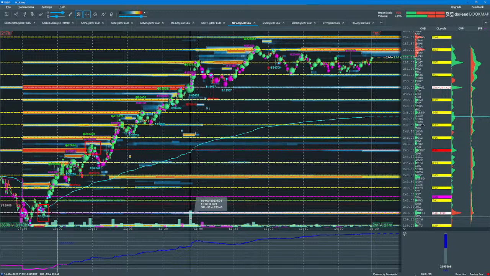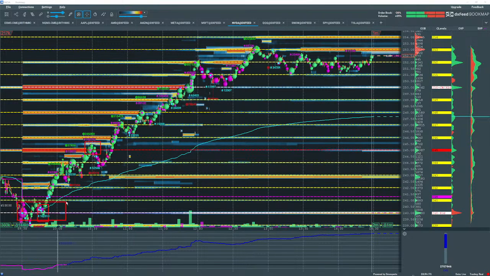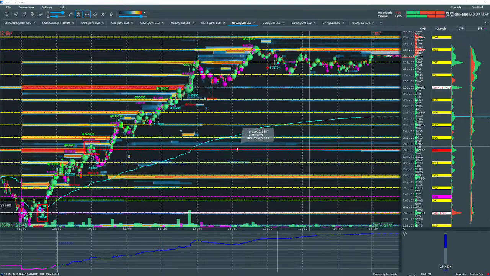So very strong uptrend here, reversal higher at the 240 key gamma strike. Note the rising cumulative volume delta. And first target at the 245 liquidity. Next target at the 250 call wall. And now price continues higher. So that's NVIDIA. Take a look at QQQ.